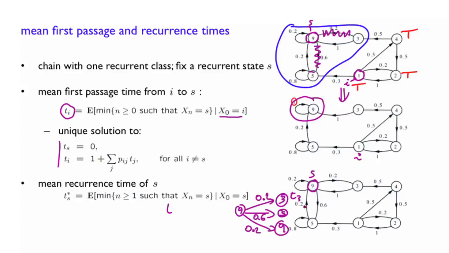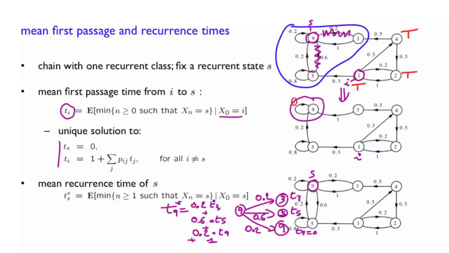What about from 5? T5. And what about from 9? Well, T9, and T9 was 0. So from that tree, what you have is T9 star will be 0.2 times T3 plus 0.6 times T5 plus 0.2 times T9 plus, of course, 1 because you have done one transition.